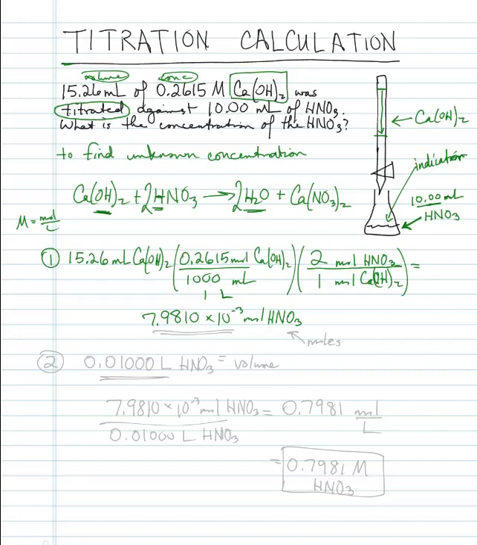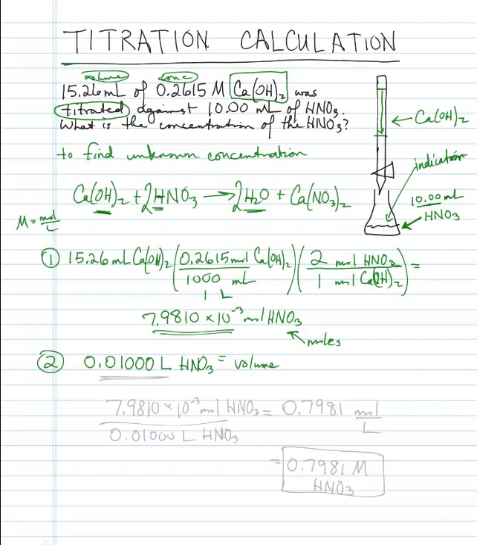But you can just leave it in your calculator and then divide it by the next piece, which is 0.01000 liters of nitric acid, right? This is the volume. We just determined the number of moles, and we know that this number of moles is the number of moles that were neutralized by the calcium hydroxide.